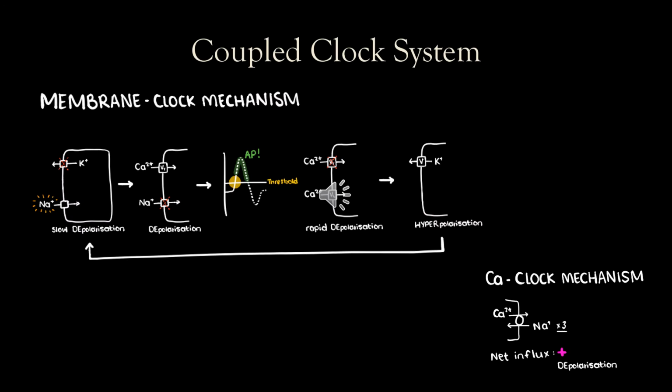Autorhythmic cells have a different type of action potential from the other cells, or contractile cells. In this video, we shall look specifically at how action potentials are generated in autorhythmic cells.